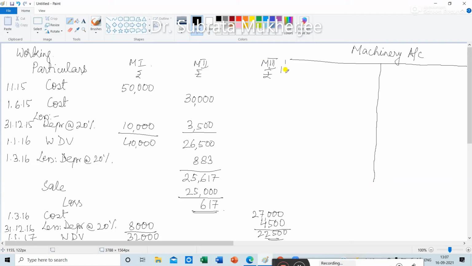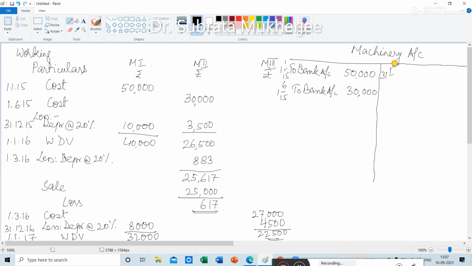On 1st January 2015, M1 was purchased, so to bank account 50,000. Again on 1st June 2015, to bank account 30,000. From the working, I am just putting it in the ledger.